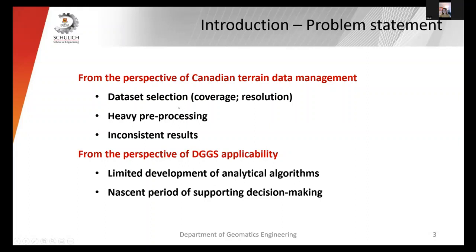If they would like to use both of them, they probably have to go through heavy pre-processing, and they may end up with inconsistent results because of the different ways they could pre-process their data sets. And more importantly, from the perspective of DGGS applicability, there's limited development of analytical algorithms, and it's still in the nascent period to support decision-making in the real world.